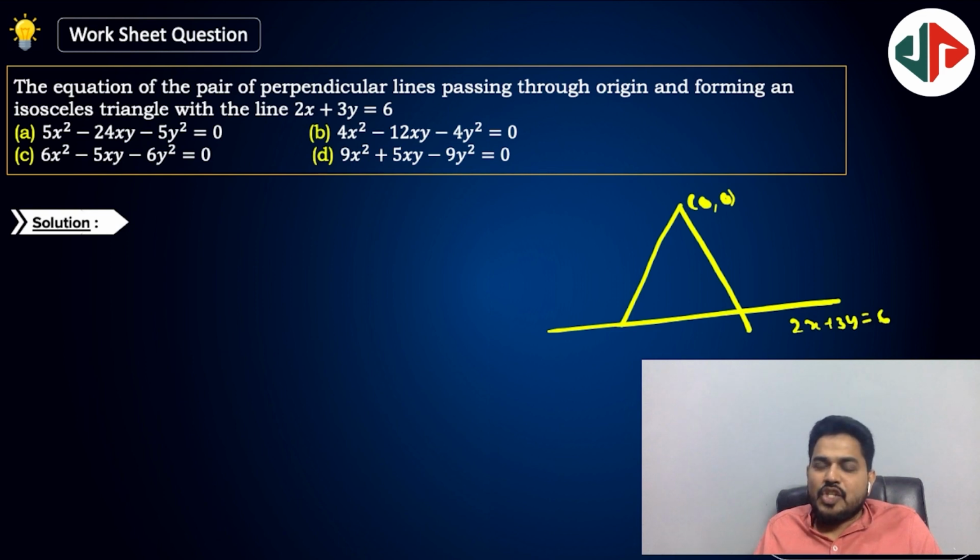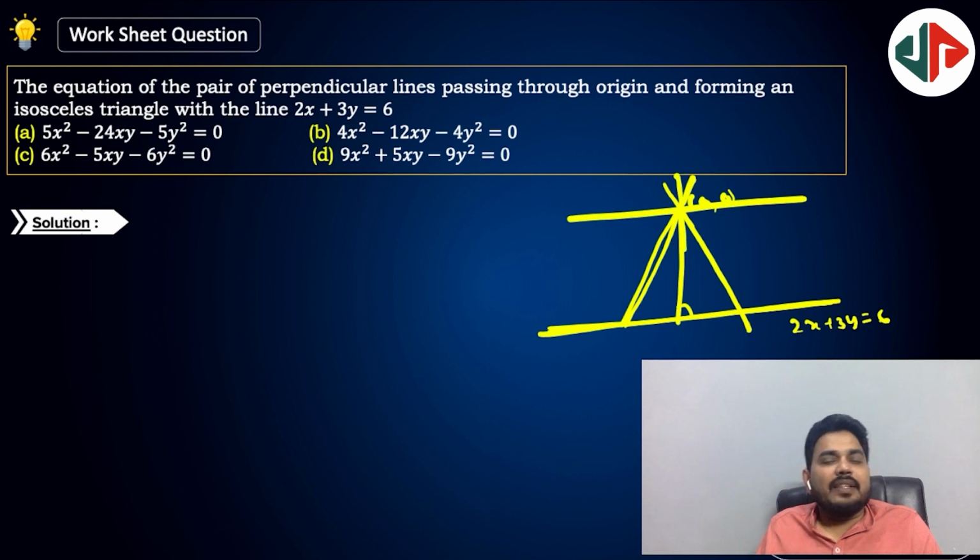Okay. So now what is this? If you extend this, so this is isosceles. So angular bisector this. So what you can do is, now you need to talk about these two lines.